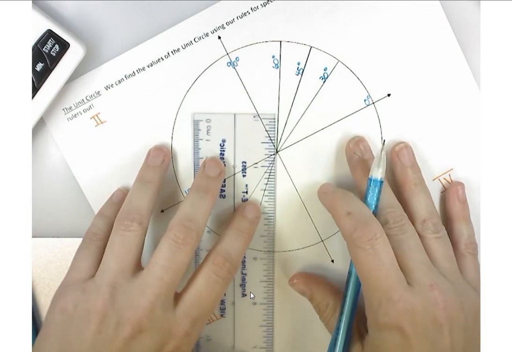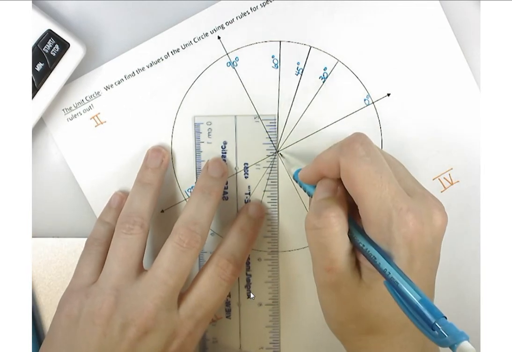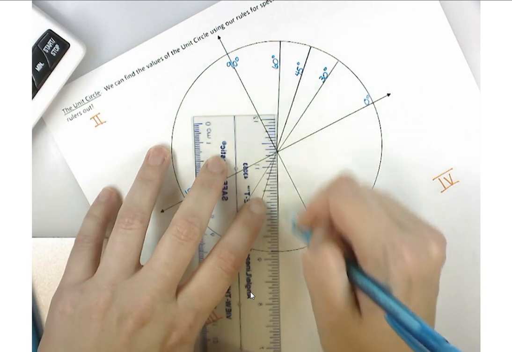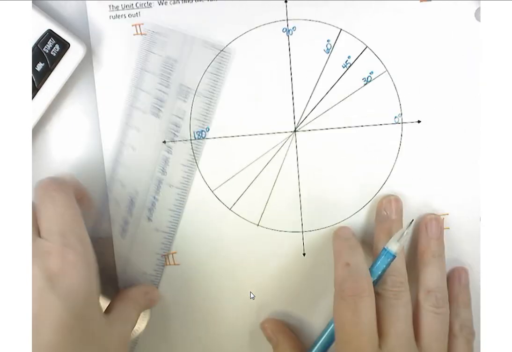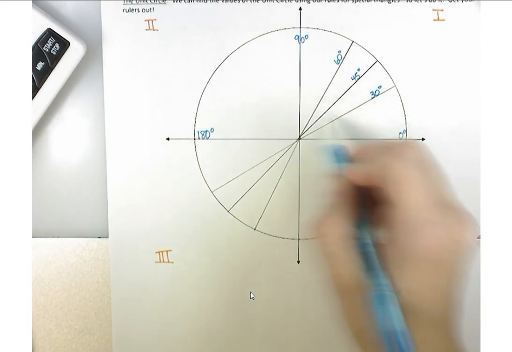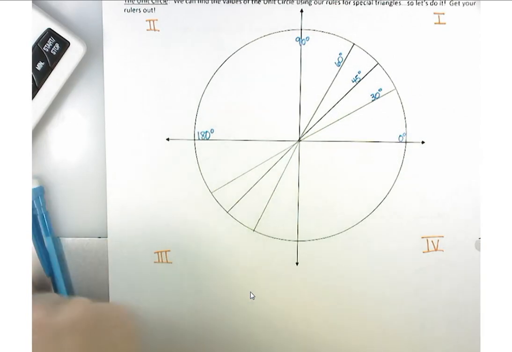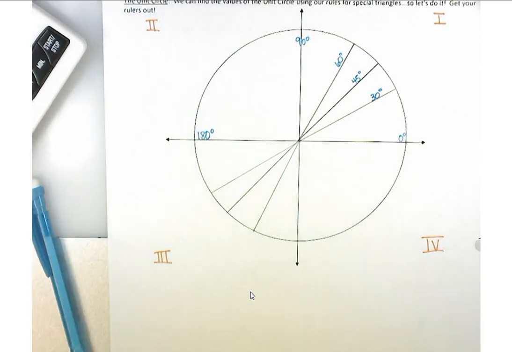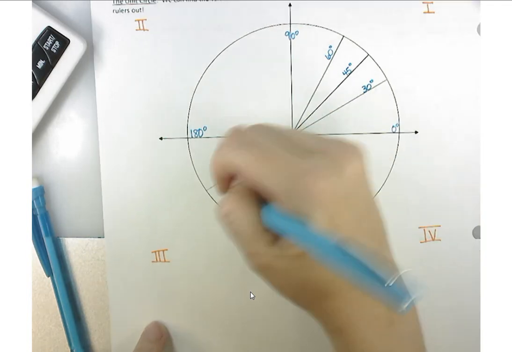Same thing with my 60. Now think about their relationship in the circle. If this is a straight line, how many degrees? 180. So if this is 30 degrees, this is just 180 away from 30, which would make it what? 210.